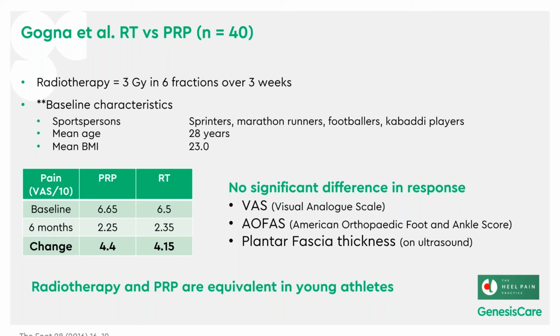And if you look at their baseline characteristics, again, visual analog score out of 10 was 6.5, 6.6, similar in both groups. And they had a very similar change, actually. So really, on all the general measures, including plantar fascia thickness on the ultrasound, there was really no significant difference in response. So therefore, radiotherapy and PRP are equivalent, but I've also said in young athletes. So would that also apply to your normal patient? Maybe, but maybe not.